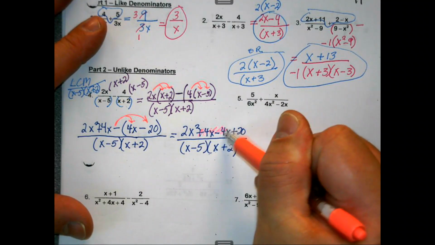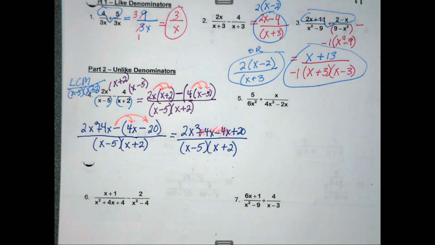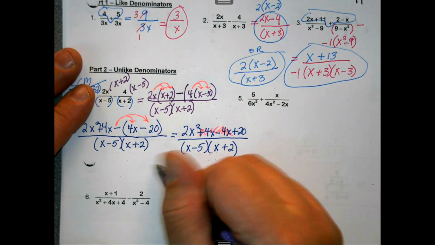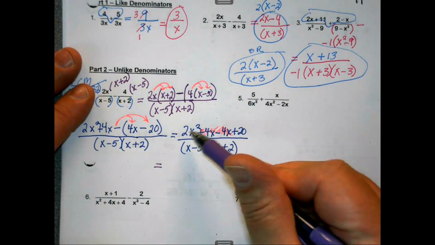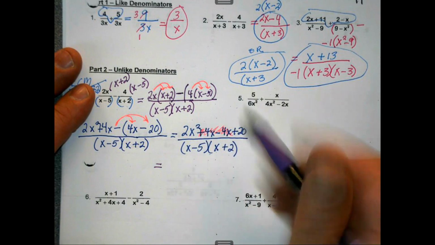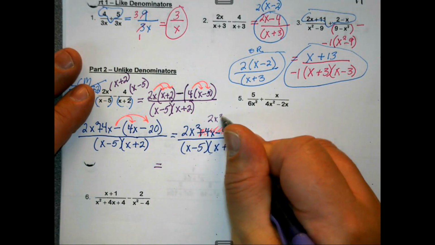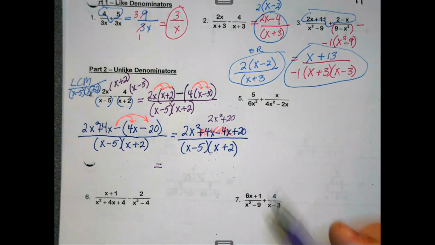Plus 4x minus 4x is going to cancel each other out, right? So now I'm left with 2x squared plus 20, right? This time I am going to skip a step.